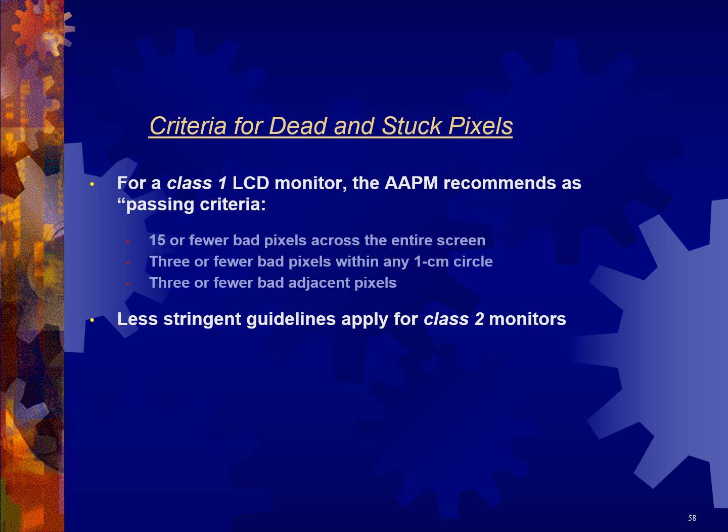So that's the class 1. Those are the ones the radiologists read on. Those are the ones that are probably going to be evaluated for bad pixels more often than class 2 monitors. Okay. Even still, if you notice an excessive amount of bad pixels on what's supposed to be a flat field on a particular monitor, but you pull up the same image on another monitor and it's just fine, then that's how you isolate the monitor, by trying to broadcast the image on several monitors.